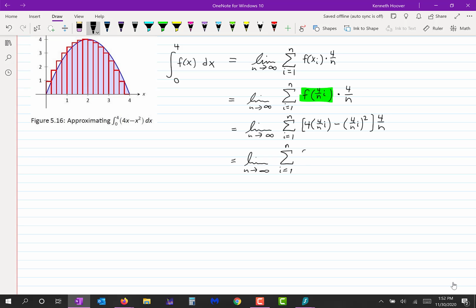This will be 16 times i over n, minus 16 times i squared over n squared, and then that is multiplied times 4 over n. Let's go ahead and distribute the 4 over n.